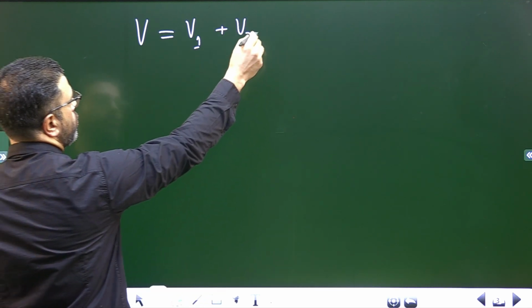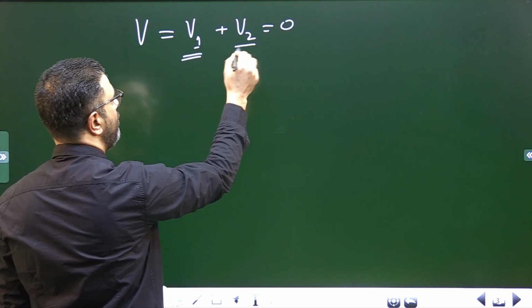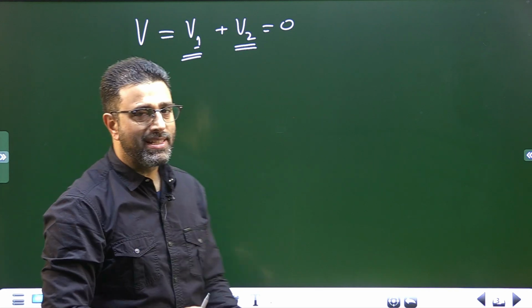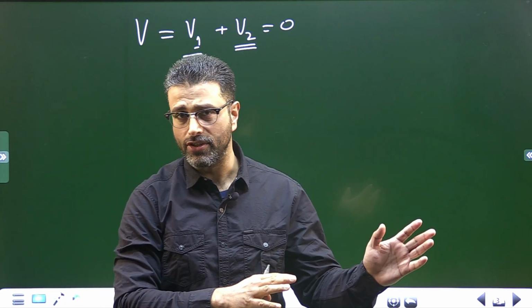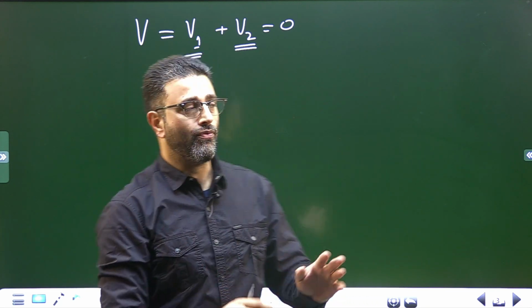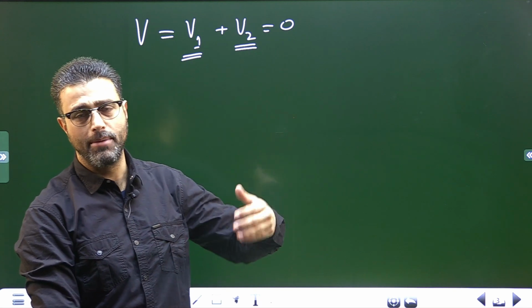And for net potential to be 0, V1 and V2 must be same in magnitude but of opposite signs, not opposite directions.